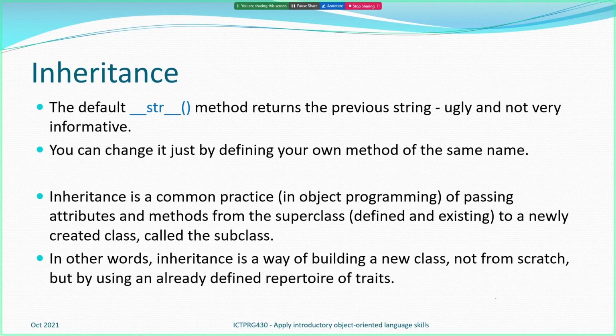So we don't have to keep redefining functions we want to use over and over again. With careful planning, we can put those functions or methods into a class, and then when we derive a subclass or an object from it, they are inherited as part of the process.